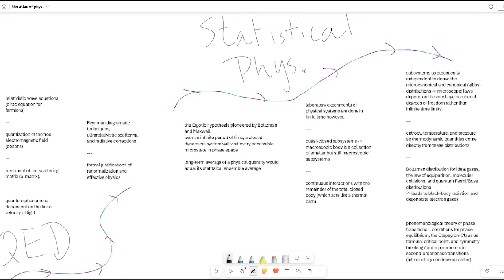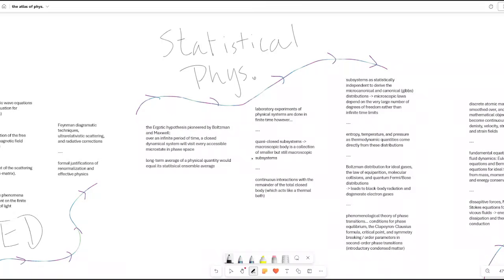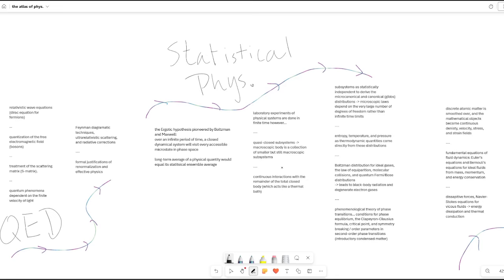So with statistical physics, the core objects we'll be playing around with are ensembles and distributions, hence statistical physics, right? You want to think about statistical physics, especially this segment, as equilibrium statistical physics.